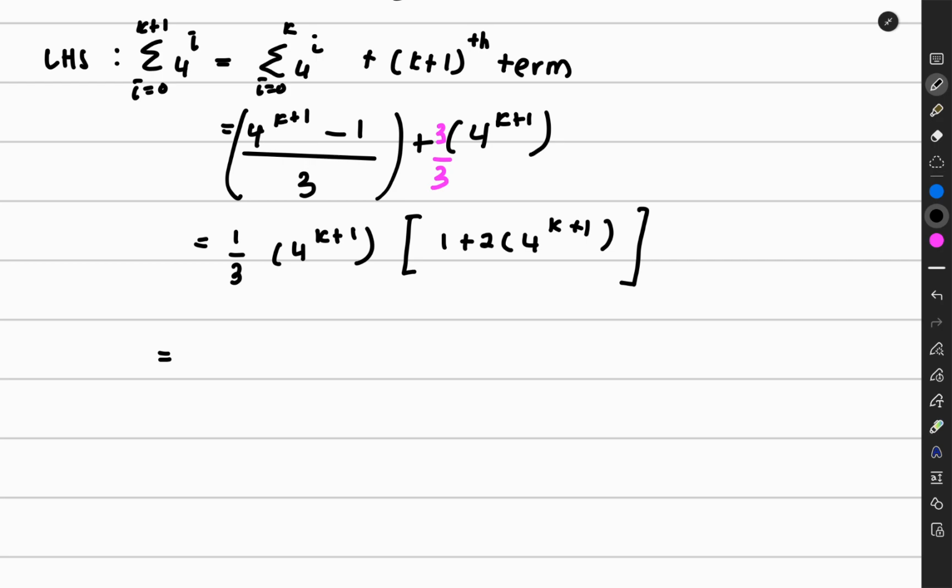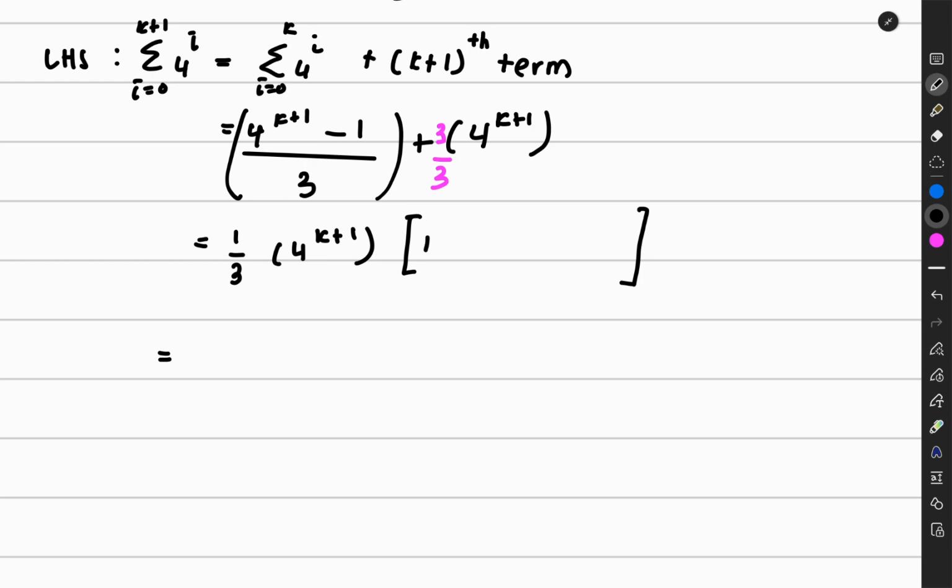Tiga je. Ya, keluarkan 1/3 4 to the K plus 1. Ataupun kan, bilik dia tu macam tu je. Betul lah. Betul. Tiga je. Lepas tu dekat sini tolak 1/3 kan.